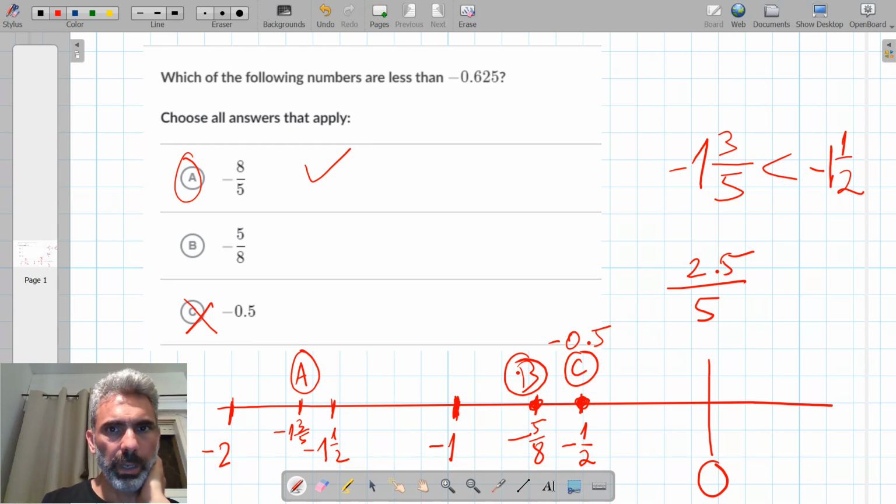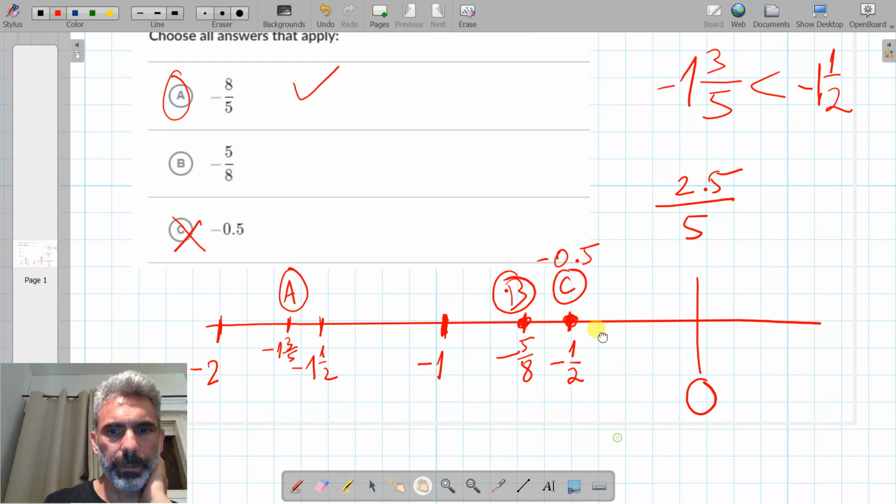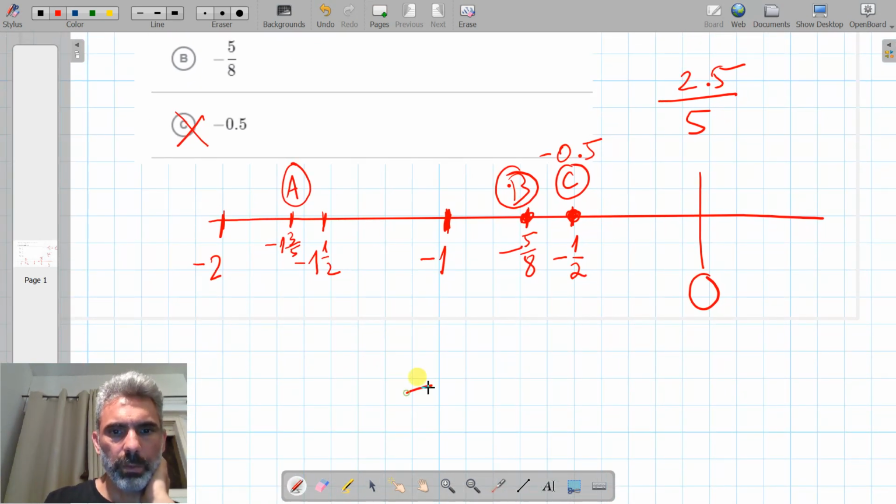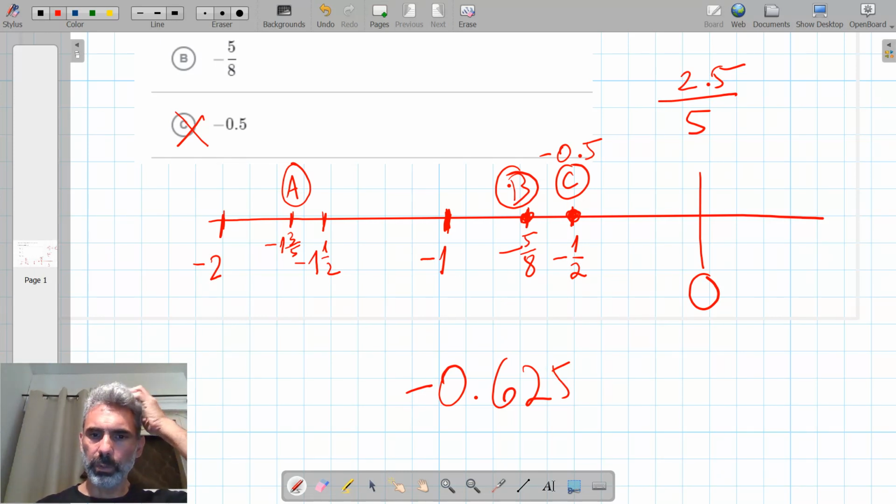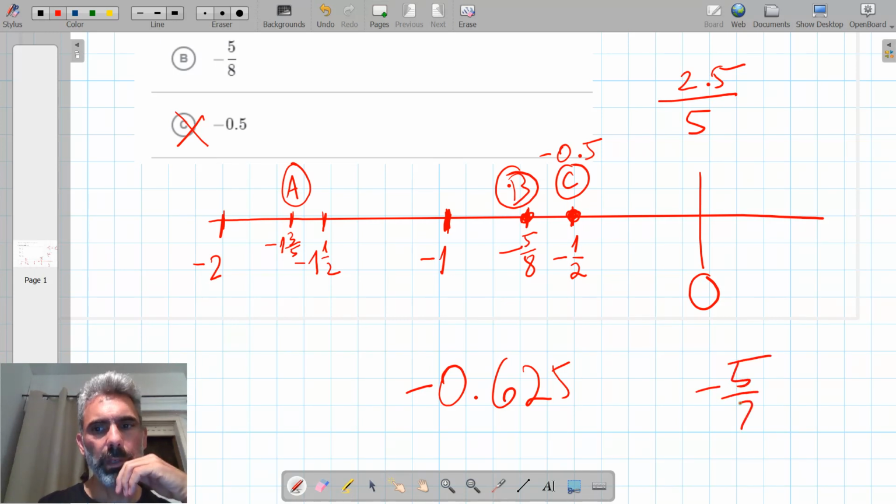So the only thing I need to compare is minus 0.625 to minus 5/8.